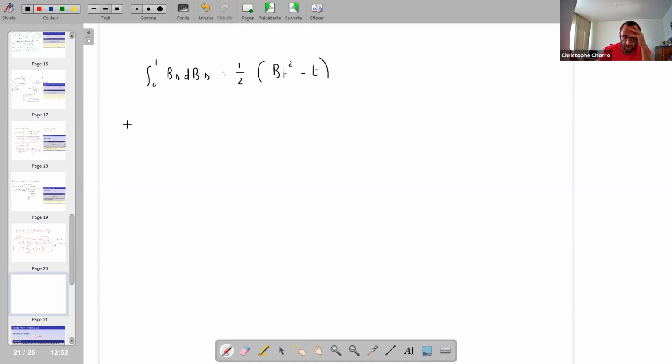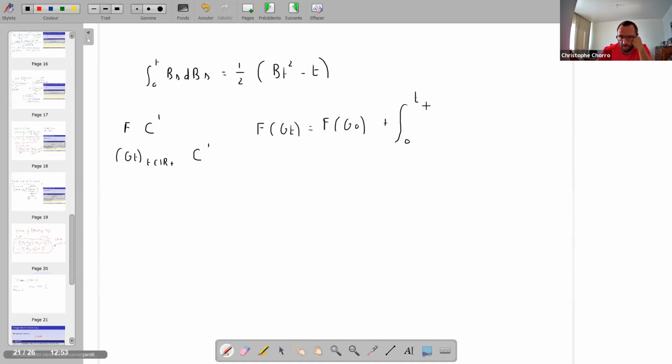If I am in classical analysis, with capital F that is C1, and if I take a stochastic process G_t that is also C1, that is with C1 trajectory, I can write the following equality. F of G_t is equal to F of G_0 plus the integral between 0 and t of F prime of G_s, G prime of s, ds.